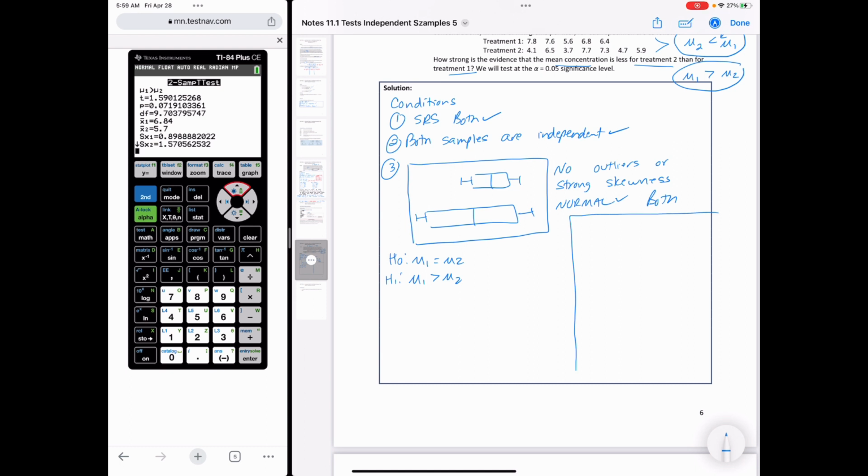On the ones like this that you do on the calculator, I would always do it like this. I did a 2-sample T, mu1, and then just take a minute, and you can pause the video if you want or leave it on. Just write everything down. Look at your p-value.